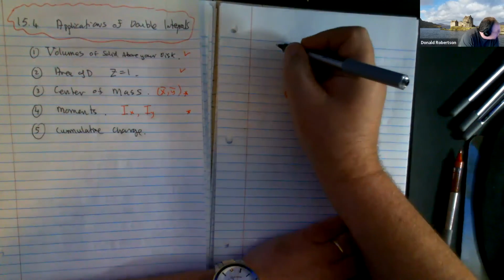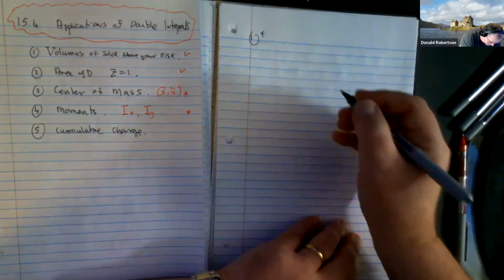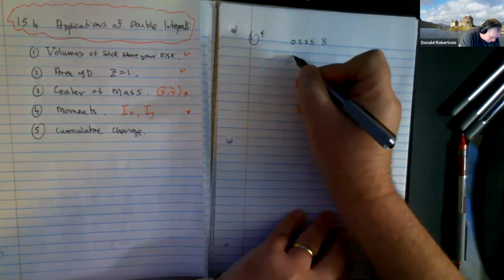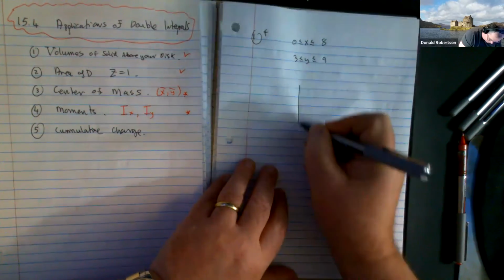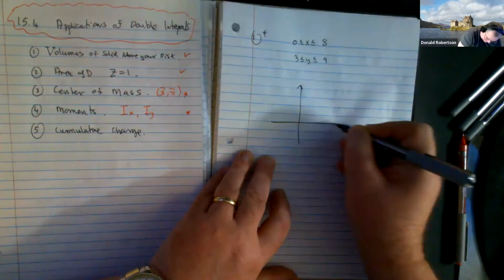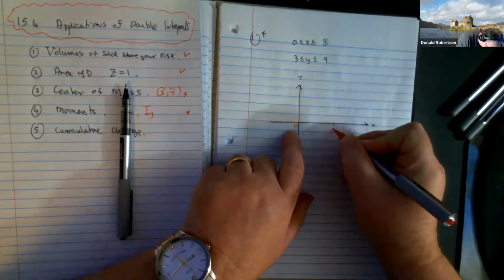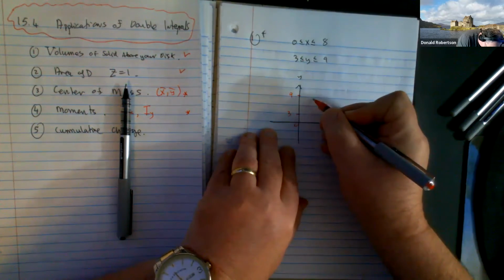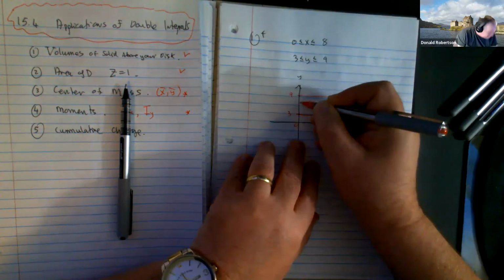This is the first question, and you have a rectangle. The x's go from 0 to 8 in this question, and the y's go from 3 to 9. So imagine this is the floor, and you have a rectangle, x is 0 to 8, and y is 3 to 9.